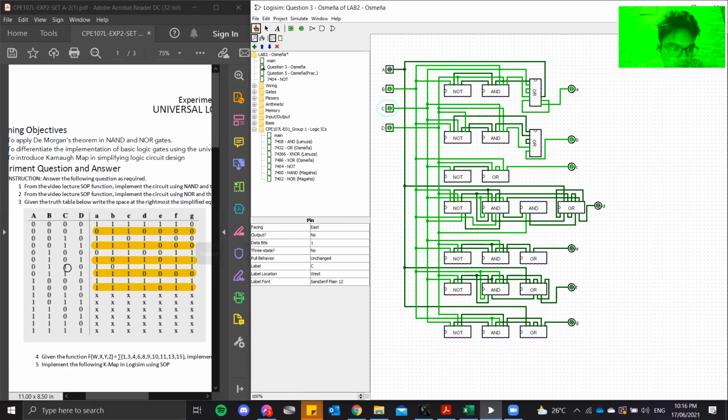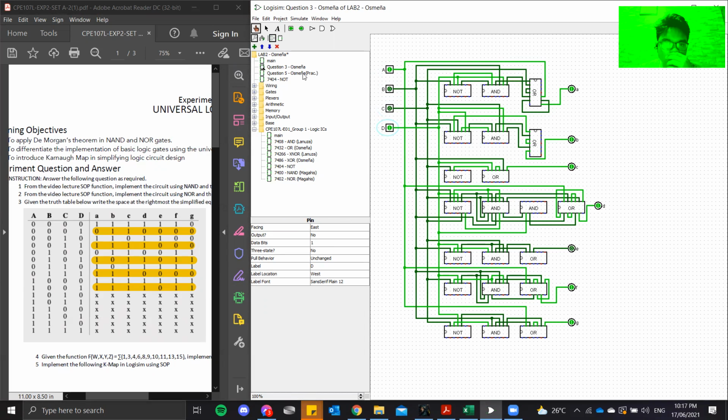And for 0110, 1 0 1 1 and all ones. Okay, correct. And for the input of 1000, that should be all ones. They're all ones. And for 1001, it is 111 for the output E and 1 1. So it's correct now. So that's for question 3.